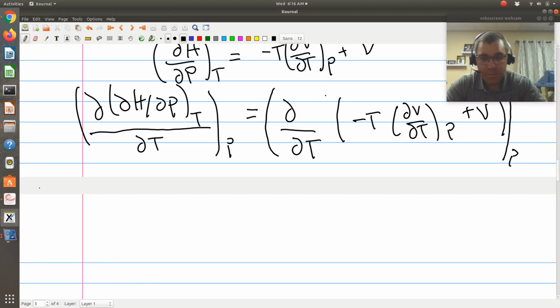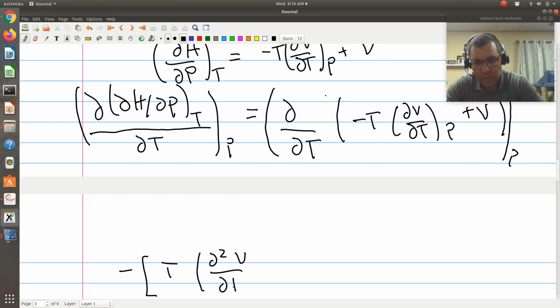I'm going to factor out the negative sign, and then I'll have T times d/dT of dV/dT at constant P. This dV/dT is already differentiated with respect to T at constant P, and now I apply the differential operator at constant T holding P constant. That gives me a second derivative, d squared V/dT squared at constant P.